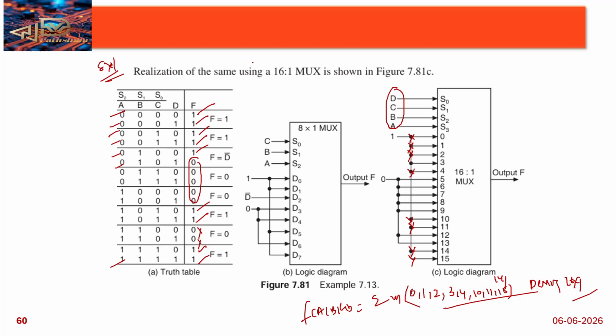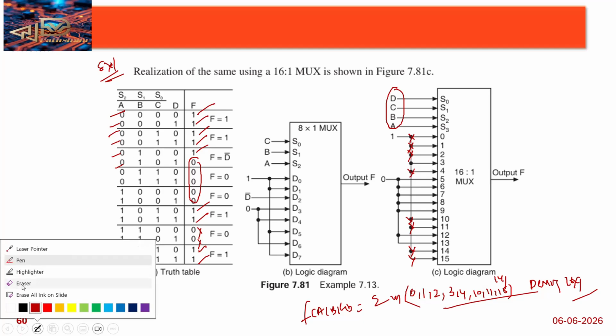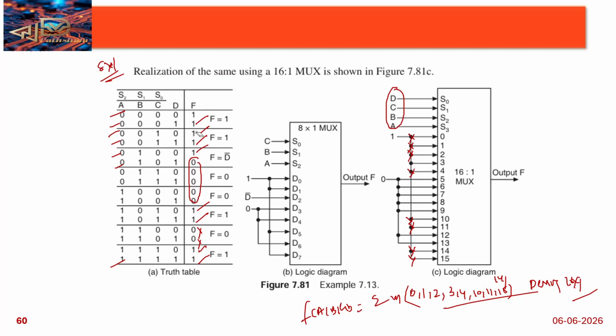So for this, just check the values where we got ones here. In the one side I will consider two combinations, because this D value I am not considering. See, the A, B, C values only I am considering. These are all zeros, two conditions I am getting for 0.